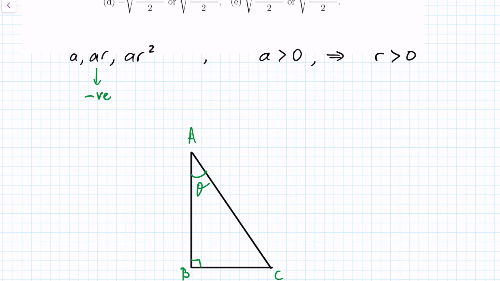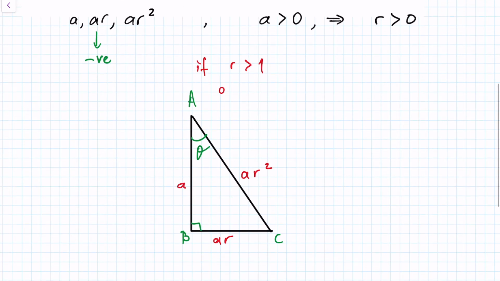Now, if R is greater than 1, this will have to be AR squared, and the other two will be AR and A, let's say. But if R is between 0 and 1, this will have to be A. In other words, this would be AR squared and AR, or vice versa.